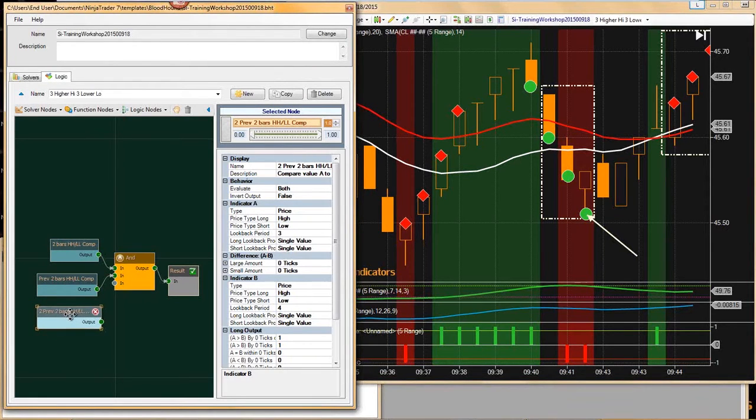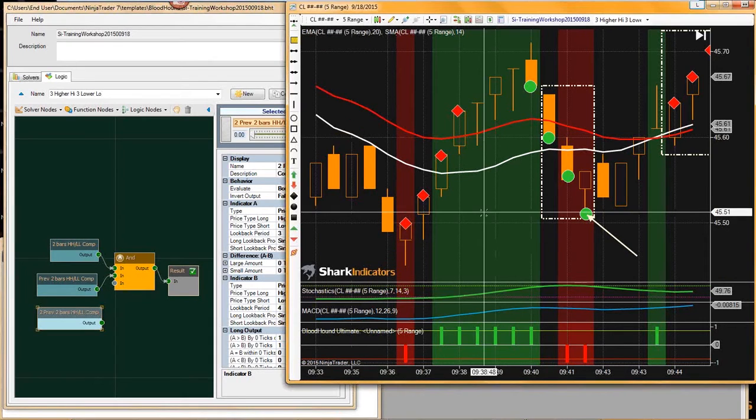So as a general rule, think of BloodHound as the glue that takes all of your conditions or trading rules that you're looking for. Typically, a trading system has anywhere from like 6 to 10 rules, or it's looking for 6 to 10 conditions to happen on your chart.